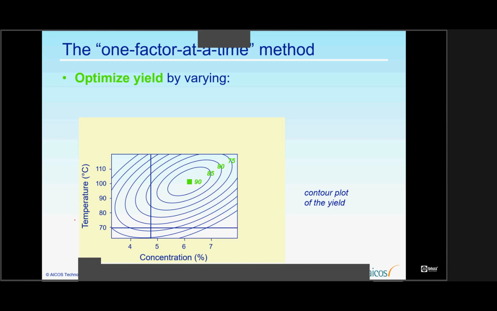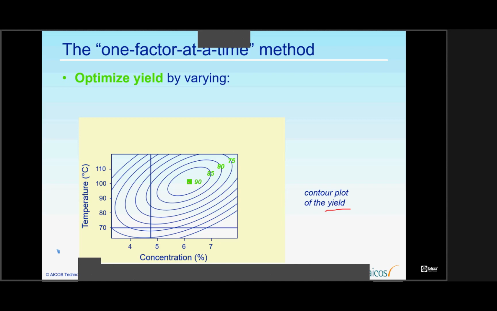Then you have many possibilities to vary parameters if there are several factors or parameters that play a role. What we have here is two parameters, the temperature and the concentration, and what we want to optimize is the yield. Since I cannot make any experiment today in this webinar, I have taken a contour plot of the yield, which is this picture here, that tells you where the best yield is.